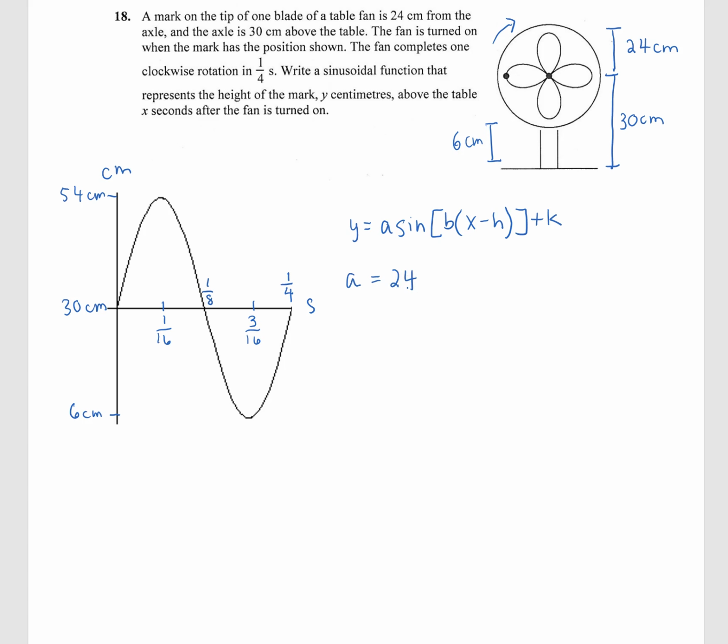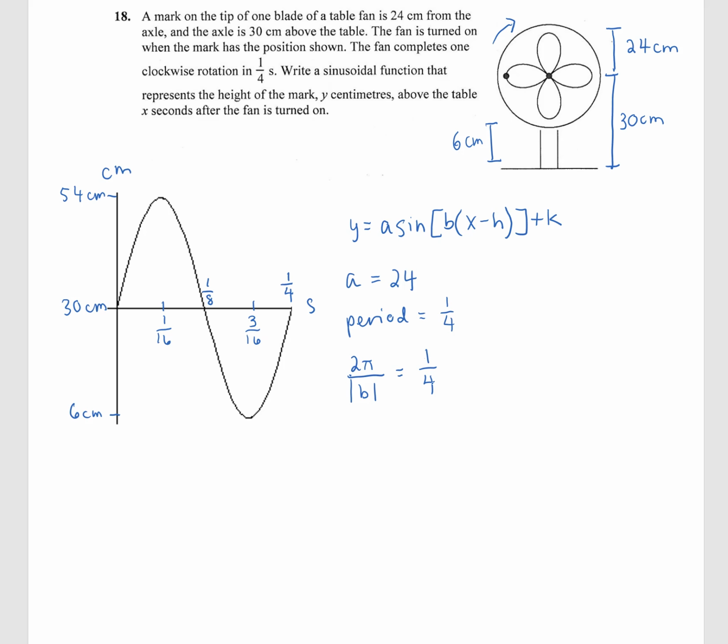To figure out our period, we know that the period of this function is 1/4. And so if the normal period of the function y equals sine x is 2 pi, we can figure out what b is for our function by saying that 2 pi over the absolute value of b should equal the period of this function, which we said is 1/4.